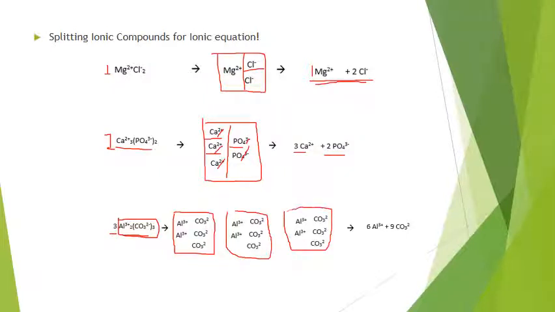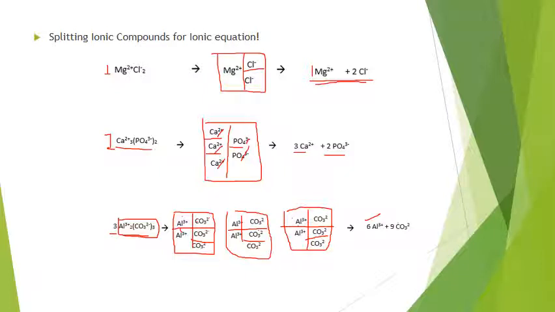And when you put them in water, everything splits apart. I left the minus off of this too, but okay. So then you count them all up. You got 1, 2, 3, 4, 5, 6 aluminums. 1, 2, 3, 4, 5, 6, 7, 8, 9 carbonates.